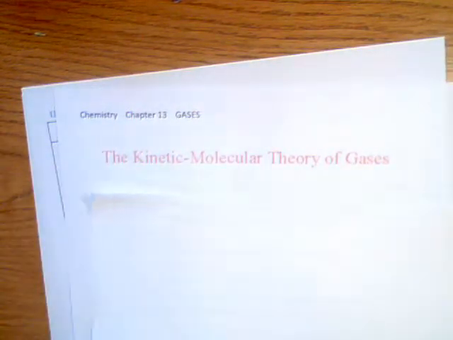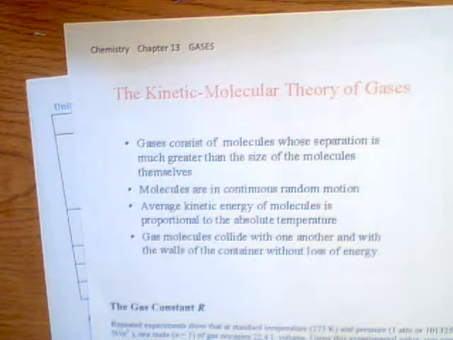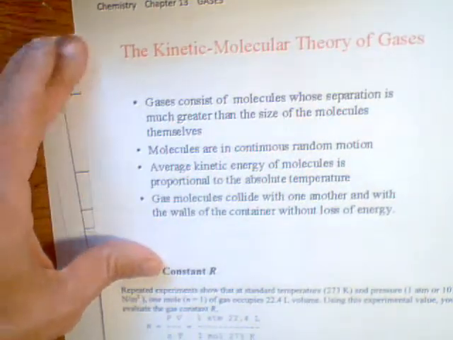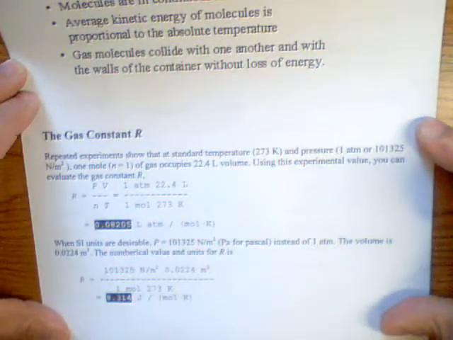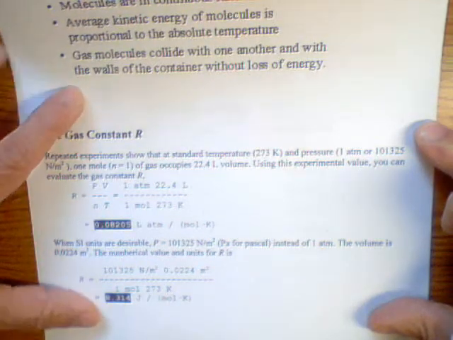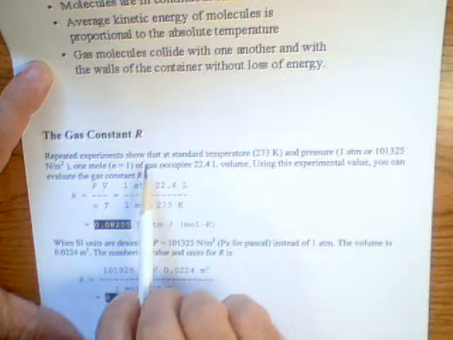All right? Now, with this PV equals nRT, let's talk about the variables. The first variable that you have to understand is the R constant.